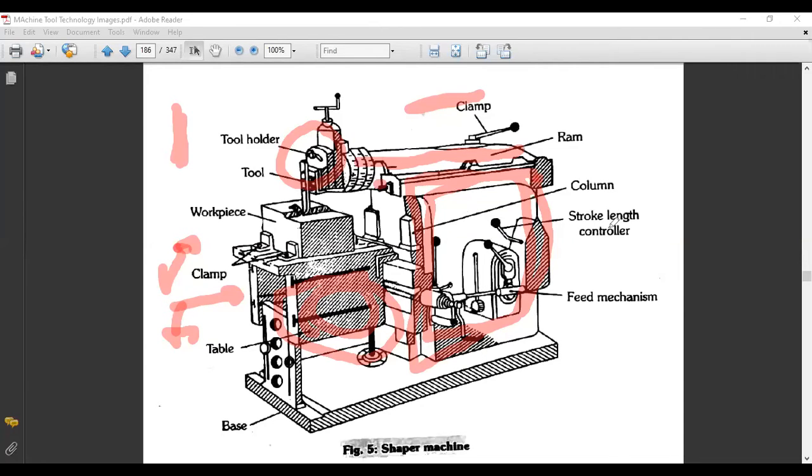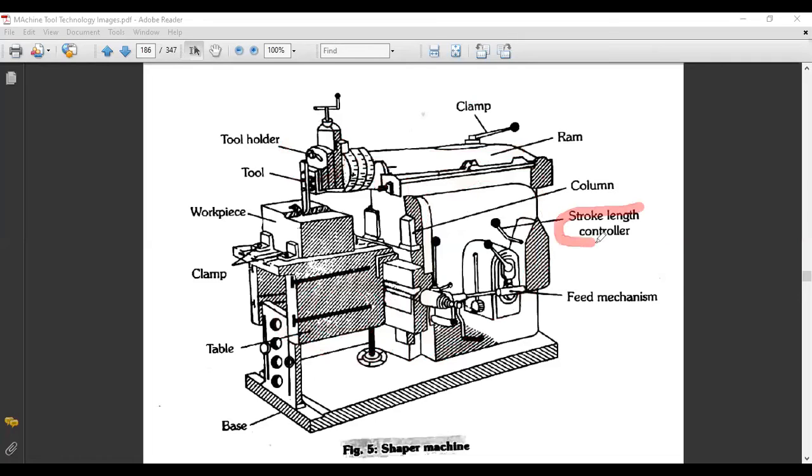Another is the stroke length controller. It is a handle. The stroke length controller determines how much the tool will travel in this direction.